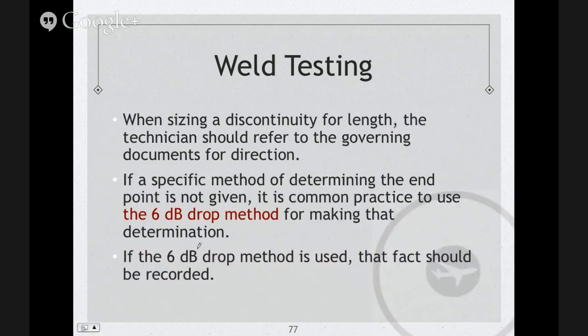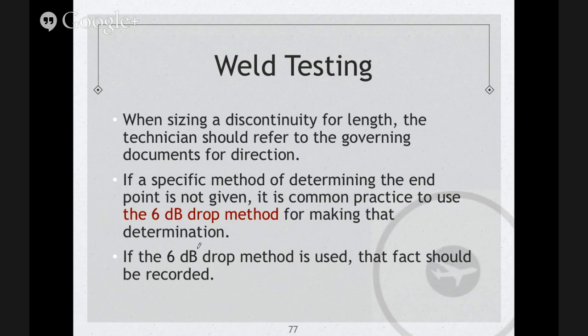When sizing the discontinuity for length, the technician should refer to the governing documents for direction. If a specific method for determining the endpoint is not given, it is common practice to use the 6 dB drop method for making that determination.